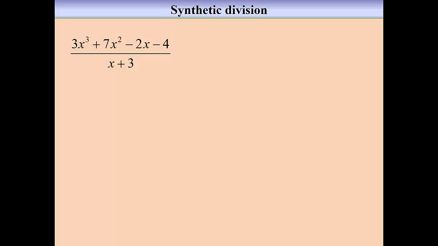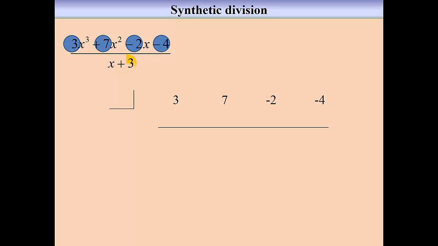Now I'm going to show you the other technique known as synthetic division. You've got to know how to do this one even if you can't do the previous one. Here's how synthetic division works. We're going to take the polynomial on top and write down just the coefficients and the constant.